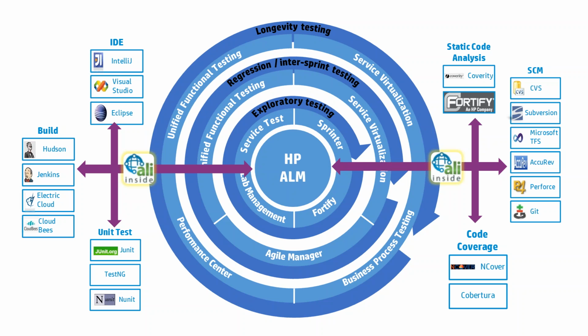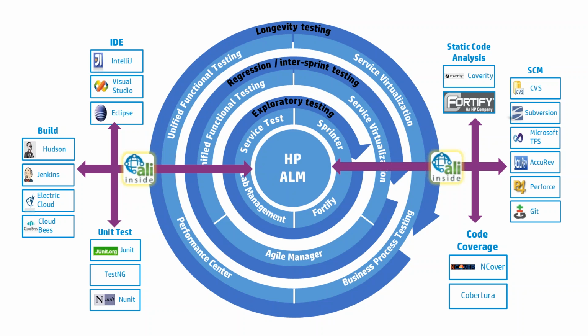And then all of that ties back together to the big blue circle in the middle, and how ALM handles not only those third-party integrations we see on the outside of it, but all of the internal HP tools that are integrated with ALM intimately. You look at Lab Management and Service Test, Sprinter, Fortify, and exploratory testing. Those are all native pieces that connect into ALM.